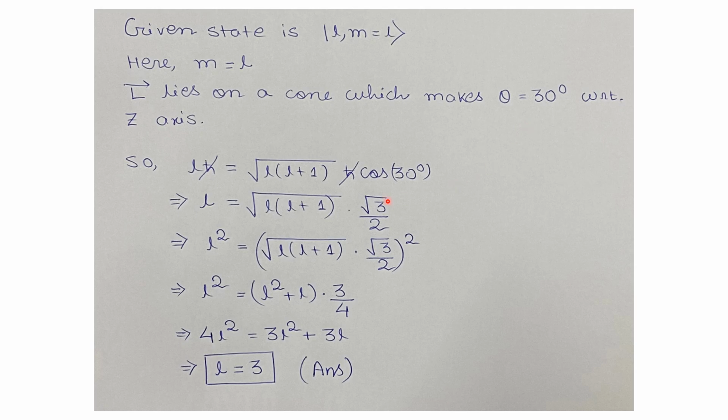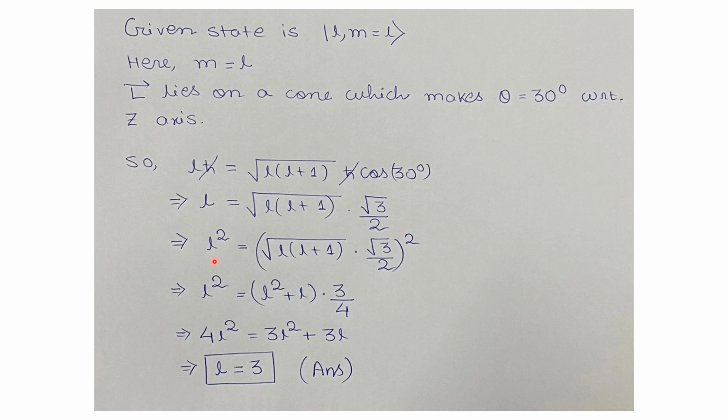So we'll get lħ = √(l(l+1)) ħ cos 30 degree. So ħ and ħ will be cancelled out from both the side, and we'll get l = √(l(l+1)) cos 30 degree, that is √3/2.